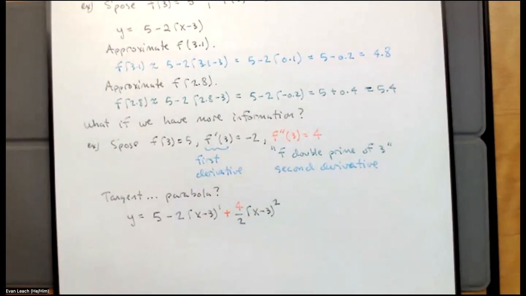This raises some questions. Why did I divide that by 2? A valid question. I'm doing mysterious stuff here. I'm trying to create our best quadratic approximation of the function near 3.